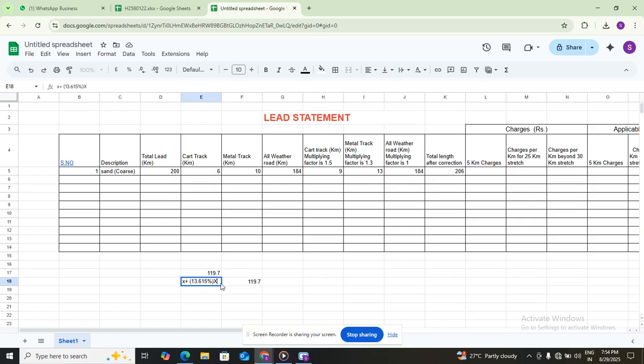We need to find the x. What is x? x is nothing but the actual cost of the transport up to that 5 kilometers distance. What is the actual transport cost for 5 kilometers? Okay, we need to find that first. Okay, x is that one.